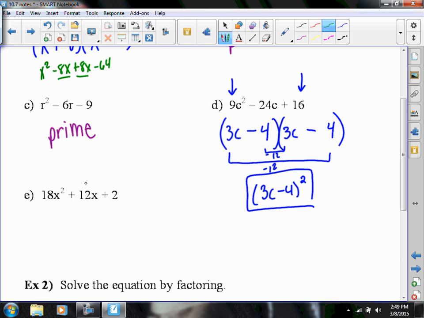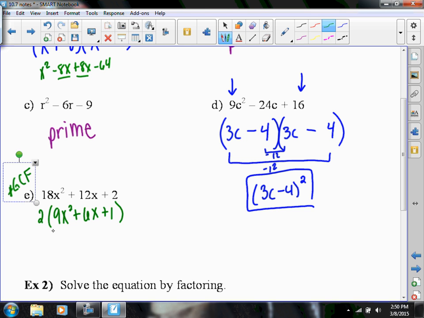And we could take out a 2 from every single one of them. So here we could take out a GCF. So if I take out that 2, then I have 9x squared plus 6x plus 1.